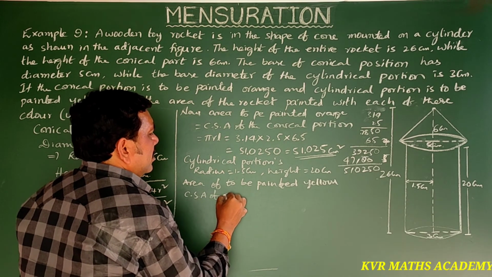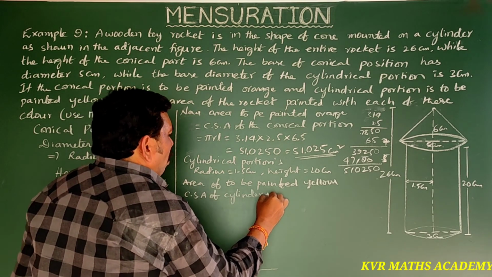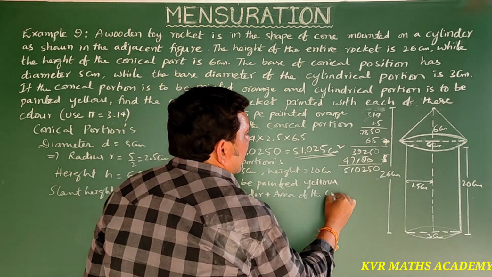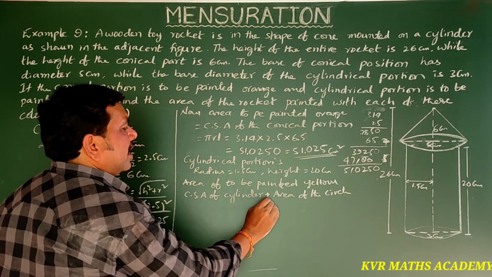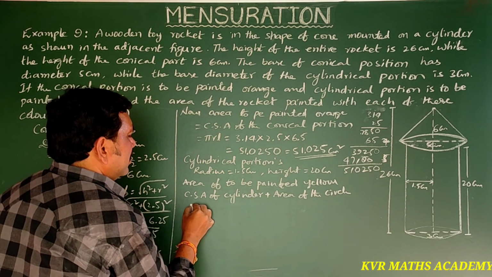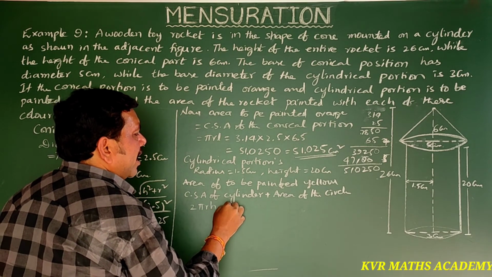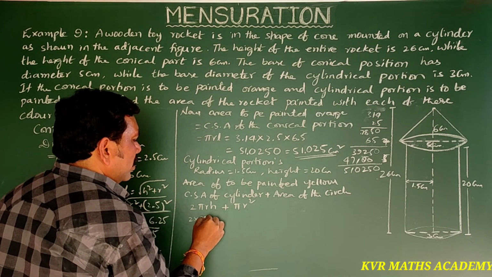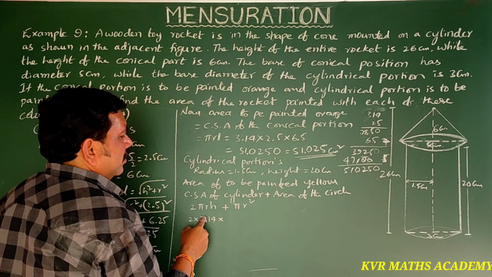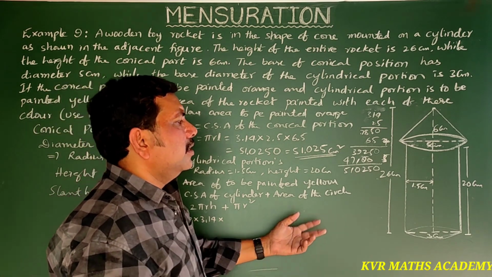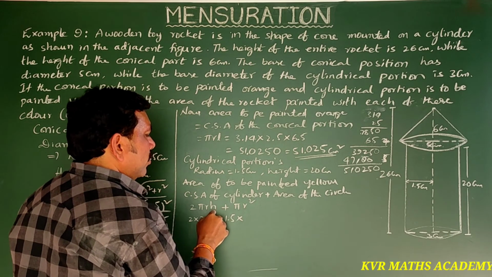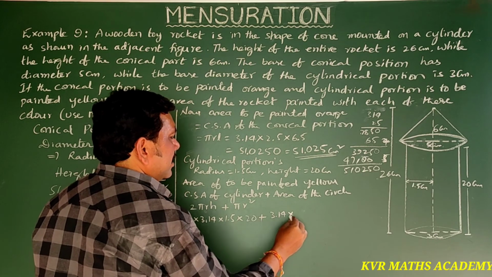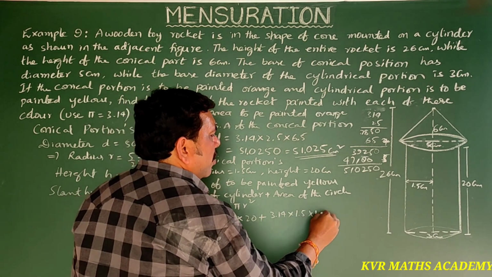CSA of the cylinder plus area of the circle. CSA of the cylinder is how much? Yes, 2 pi r h, plus the area of the circle, pi r square. 2 pi r h means 2 into 3.14 into radius 1.5 into height 20, plus pi 3.14 into radius 1.5 into 1.5.